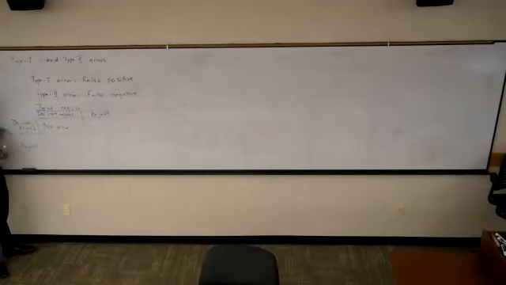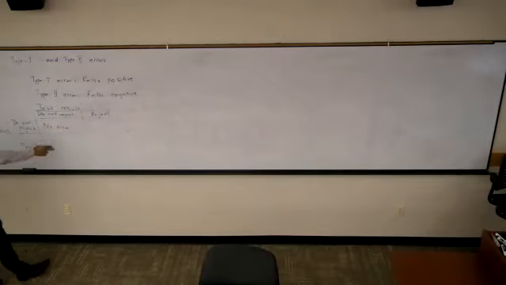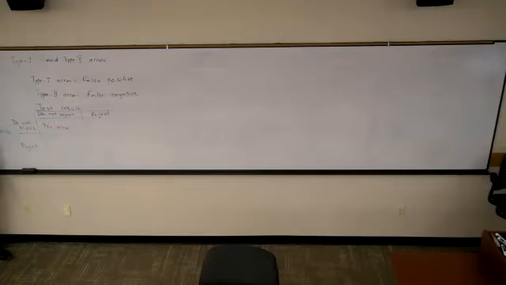If in truth you shouldn't be rejecting, but you end up rejecting as your test conclusion, did we make a mistake? Yes. If so, what kind? Type 2. So negative, positive.